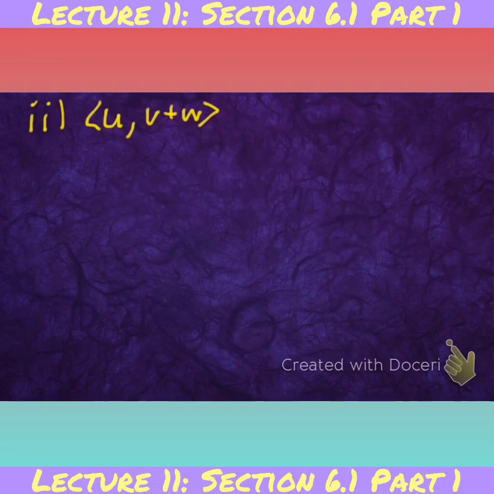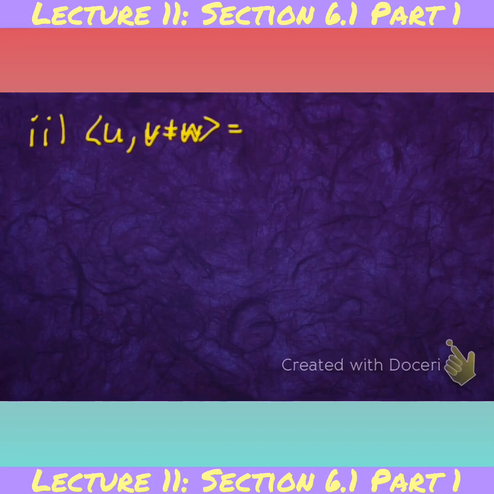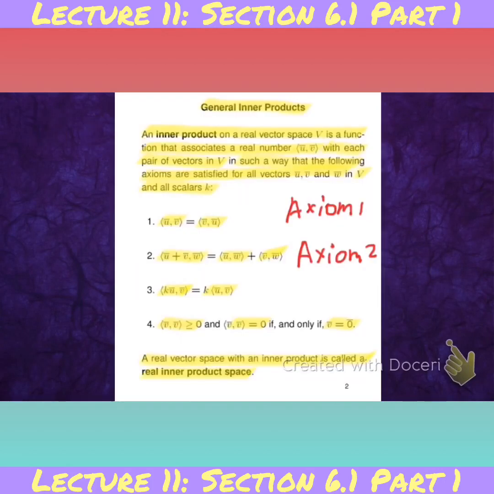Right, so the second property, let's look at the inner product of u with v plus w. Now we know from axiom 1 that the following holds. You can switch the two around, and the inner product is still going to be the same. So we have that, and that comes from axiom 1.